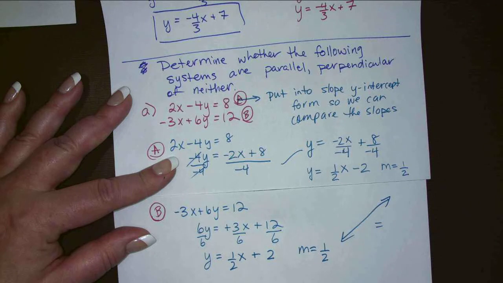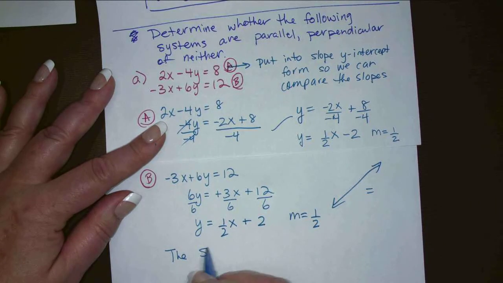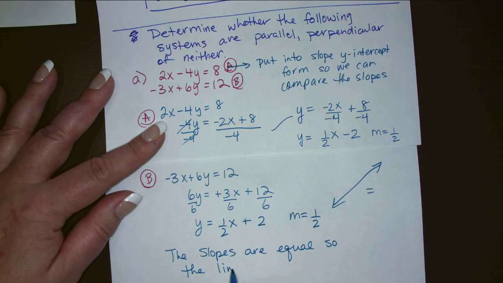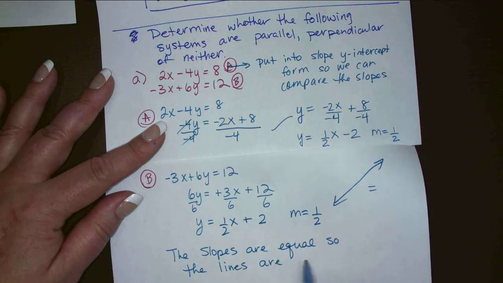So the slopes are equal, so the lines are parallel.